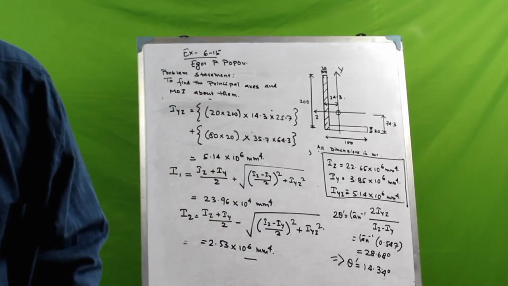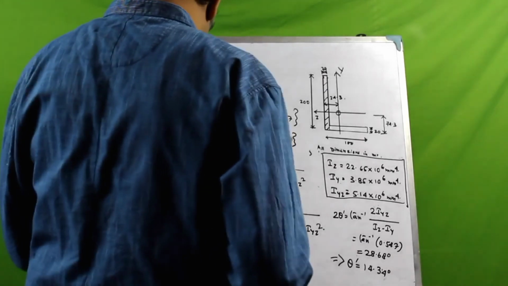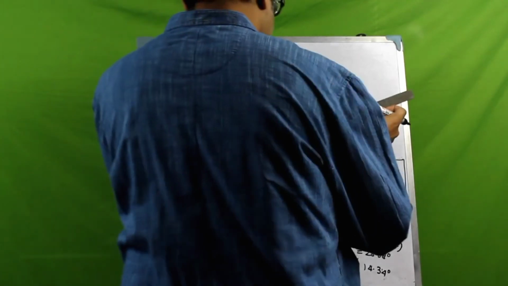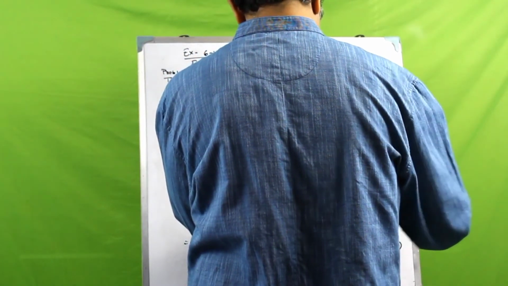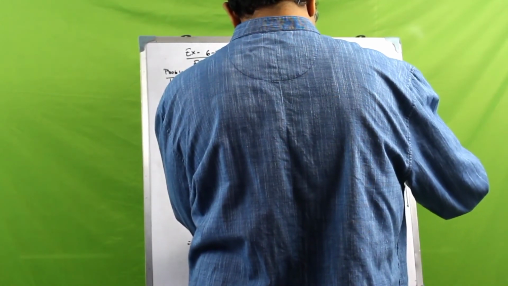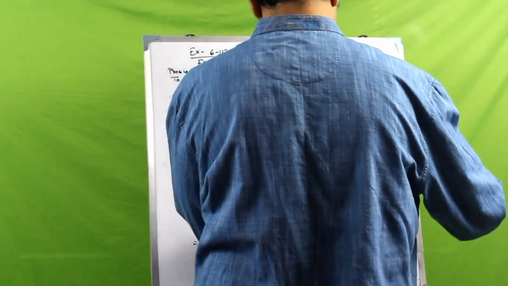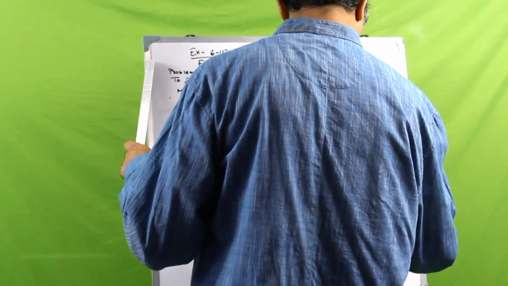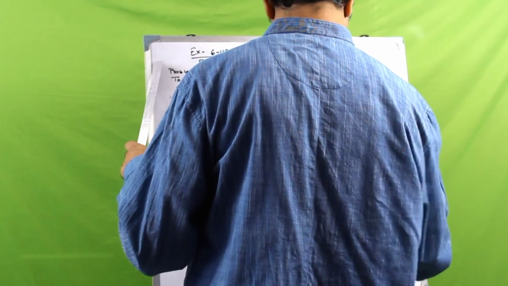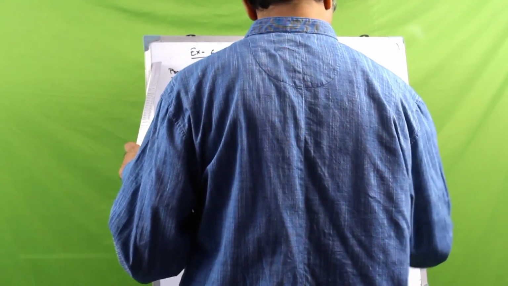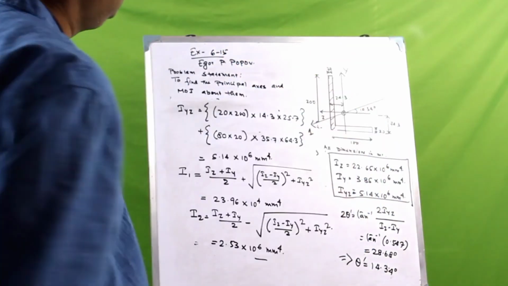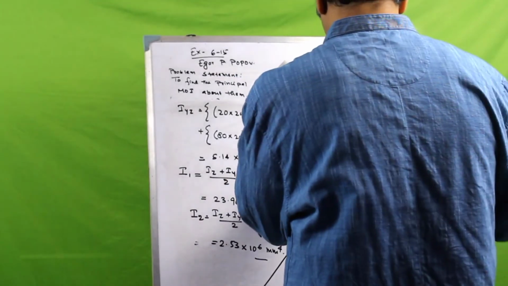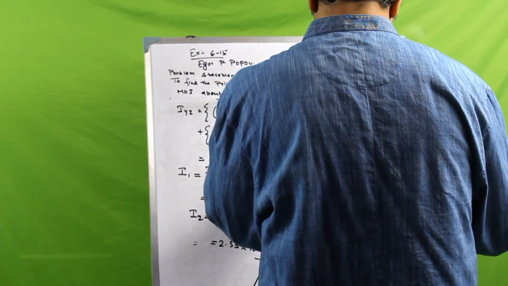So basically then, what we now know about the principal axis is that if we locate this at 14.34 degrees, and this is the major principal axis that we have located, and the minor principal axis of course would be located perpendicular to that particular axis.